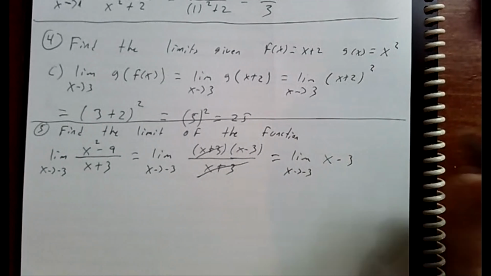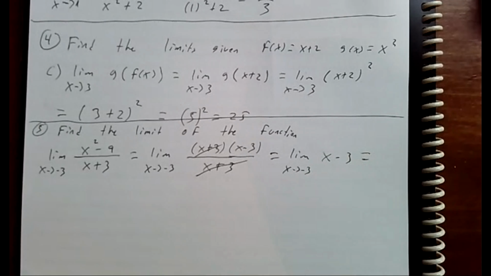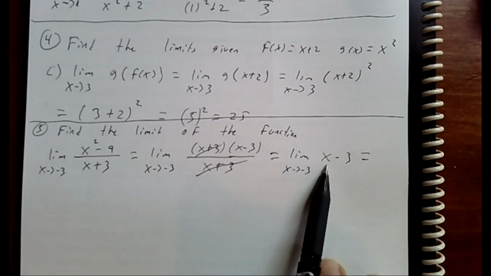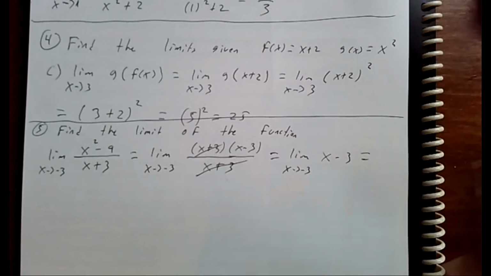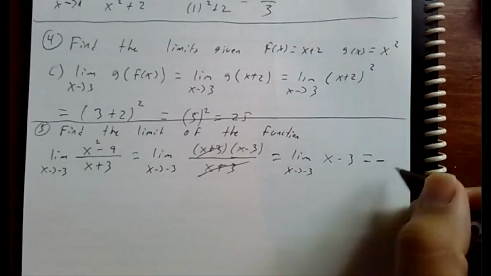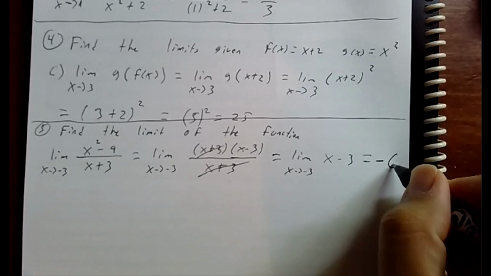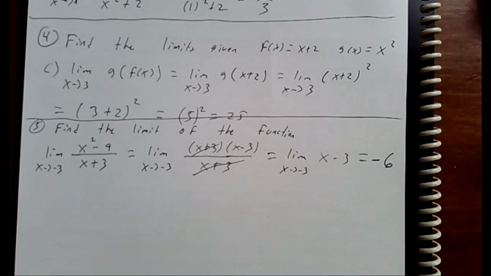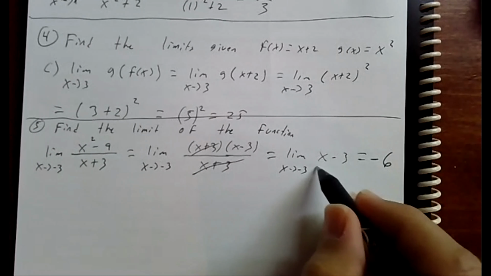So if you plug in -3, what do you get? It would just be x minus 3, right? Yeah, you just plug it in. So -3 minus 3 is -6, right? So this right here would be the simpler function.